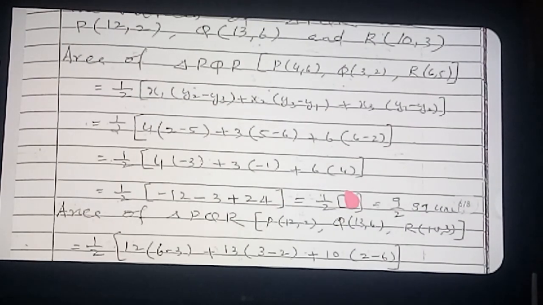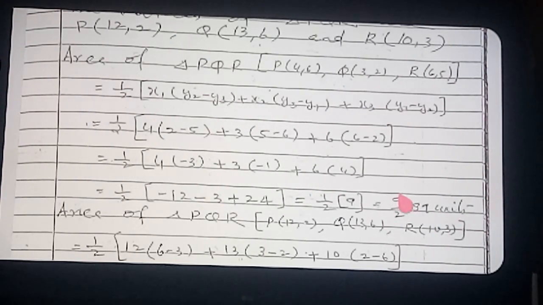And what area did you get? You got the area as half of 9, that means 9 by 2 square units. These are simple calculations only. No need to explain it again. You only apply the values of x1, y1, x2, y2, x3, y3 in the proper places and calculate it. So what answer did you get? 9 by 2 square units.